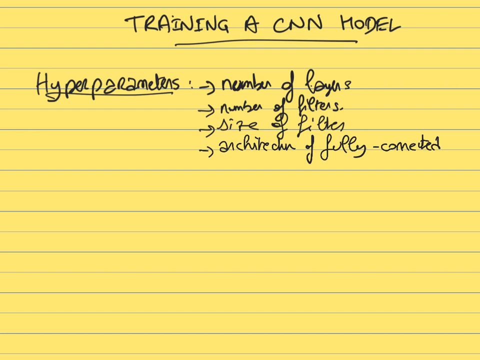It's not like in Lasso, when you have only the regularization parameter that you need to change, or in a simple ANN with a single hidden layer, where you have only the number of neurons in the hidden layer that can change. Now you have really a lot of hyperparameters that need to be tuned, so it starts to be pretty difficult to find the most optimal values of those hyperparameters.